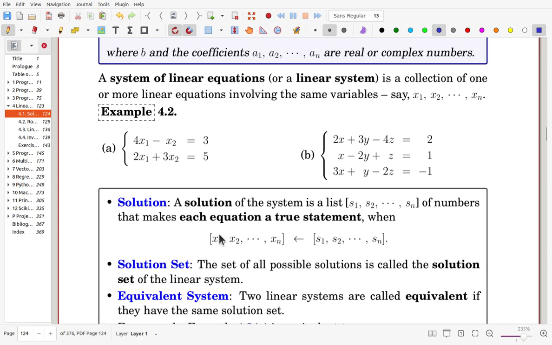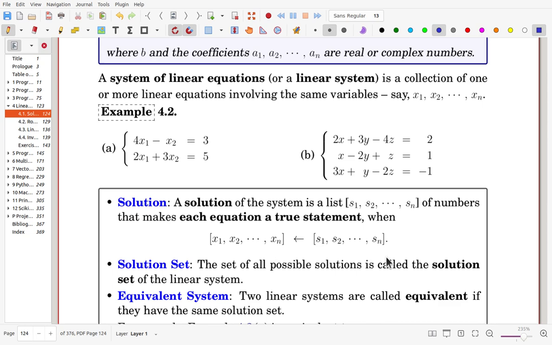A solution of a system is a list of numbers, s1 to sn, that makes each equation a true statement. Once x1 to xn are replaced by the list of numbers, then every equation will be true.